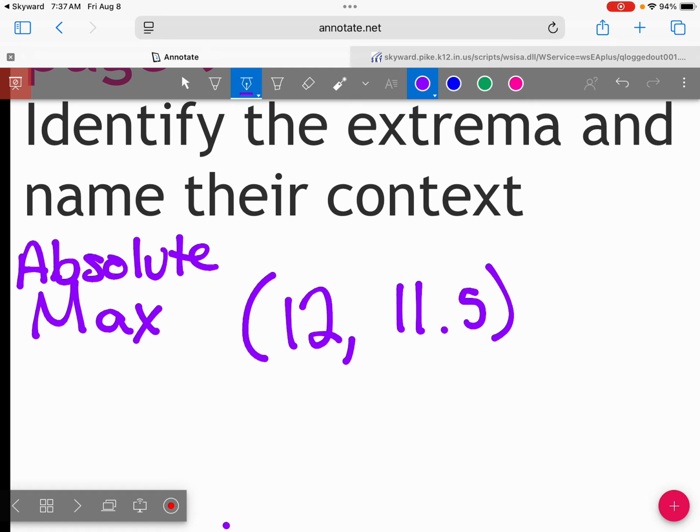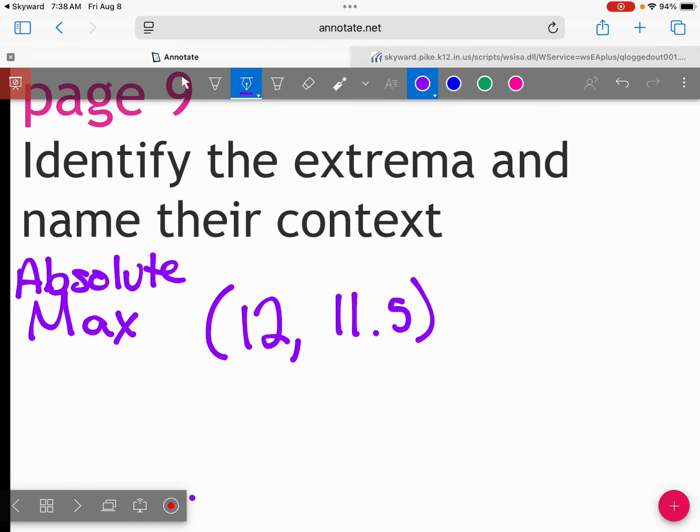Because what is this telling us? 12 hours and 11.5 million. 12 hours after midnight, there are 11,500,000 posts-ish.